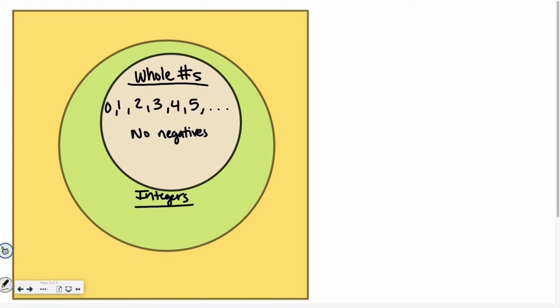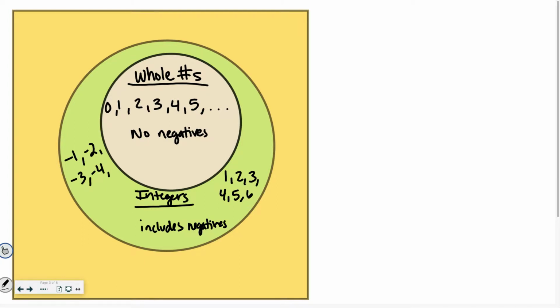So integers are like whole numbers, where there's no decimals or anything, but it includes negatives. So like -1, -2, -3, -4. But integers also includes 1, 2, 3, 4, 5, 6. So integers is all of the negative versions of the numbers and all of the positive.